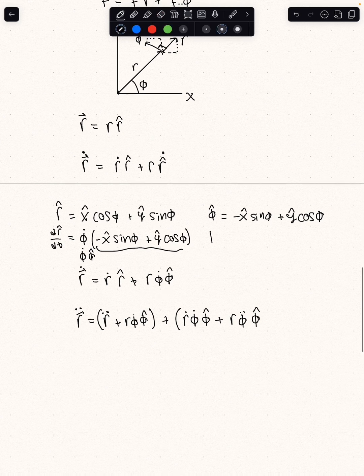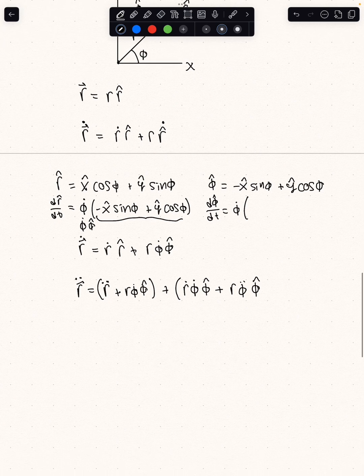Now, same process for phi hat. So d phi hat dt is going to give the derivative of the stuff on the inside. We're going to pull that out because they both share it. And then negative sine goes to negative cosine, still with the x hat constant.